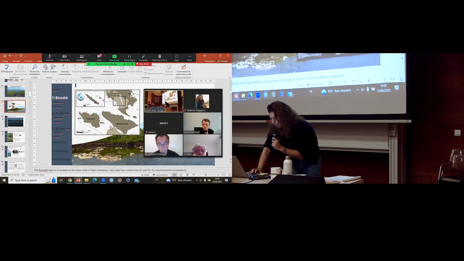So when we compare Boracay with these two sites, I found more differences with the external control compared to the inner R2 control.